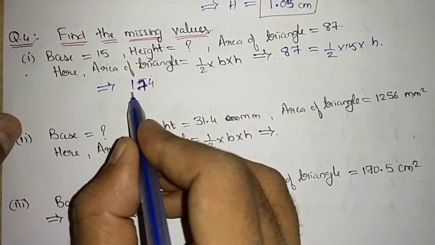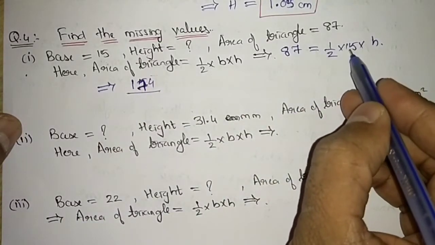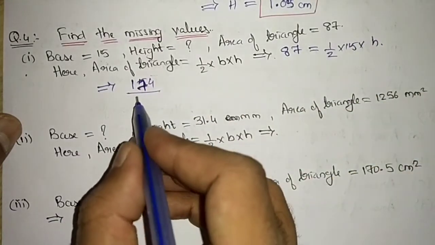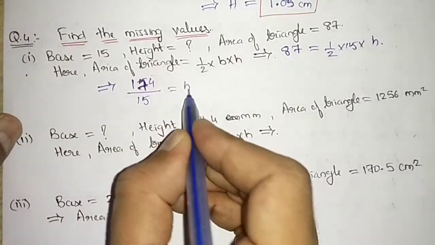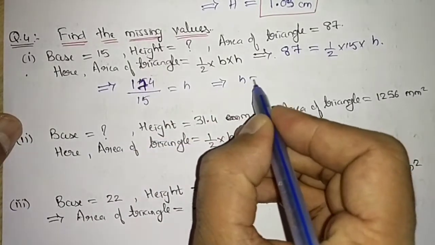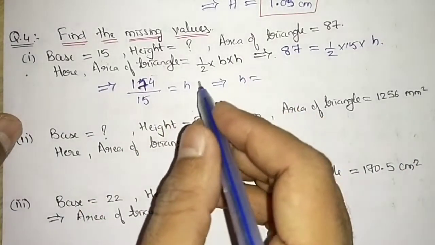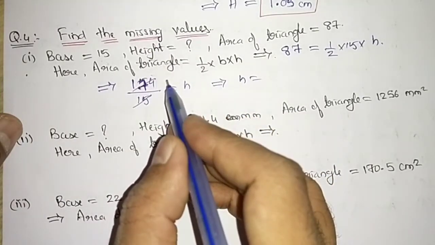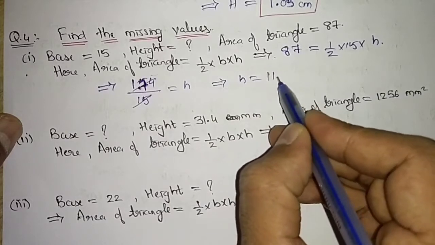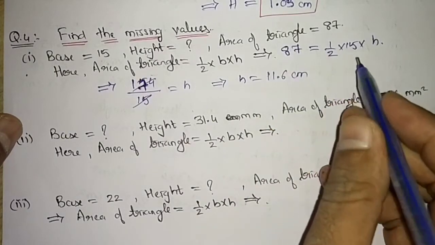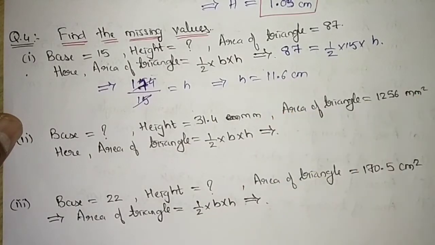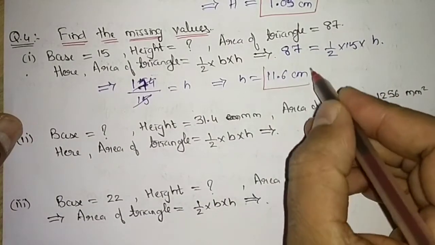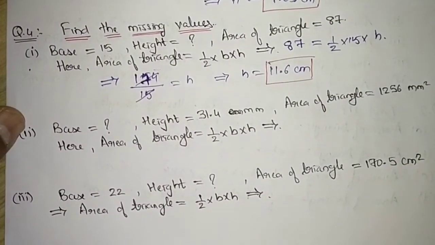Then this 15 which is there in multiplication, it will come down and divide. So our height will become h is equal to 174 divided by 15, which is 11.6 centimeter. This is our answer. Height is 11.6 centimeter.